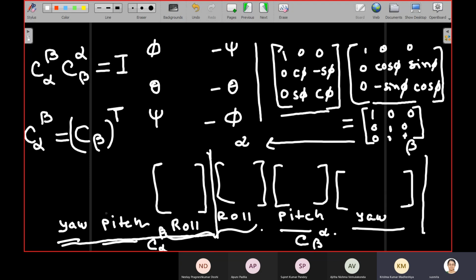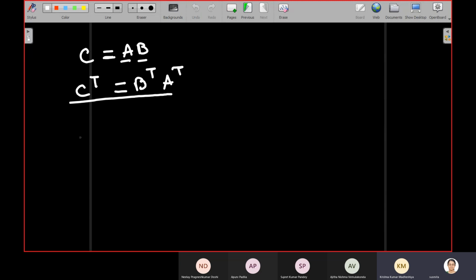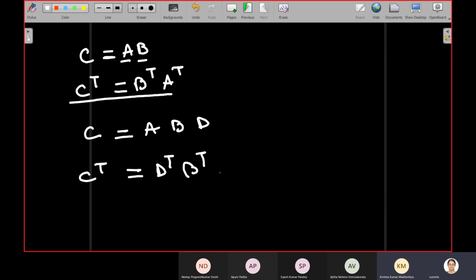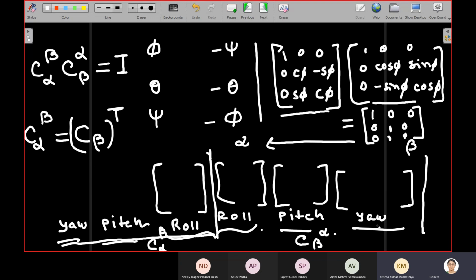So each matrix is transposed and then multiplied in the reverse order, correct? So if you have C equal to A, B, D, then C transpose is equal to D transpose, B transpose, A transpose. And that is what we have done here, right? So this roll matrix is the transpose of this roll, that is what we are showing here, correct?